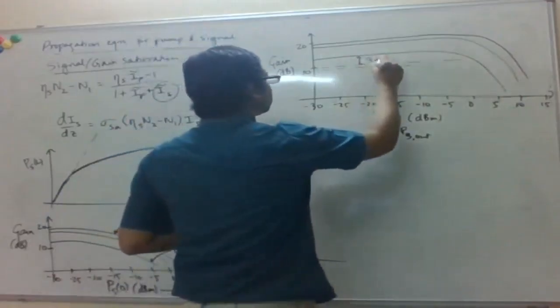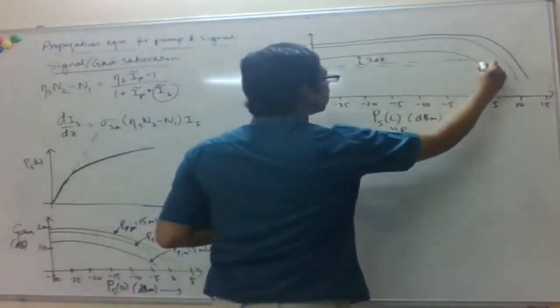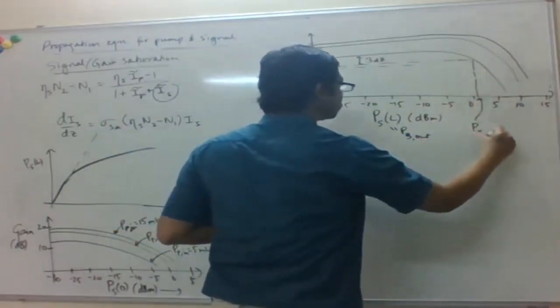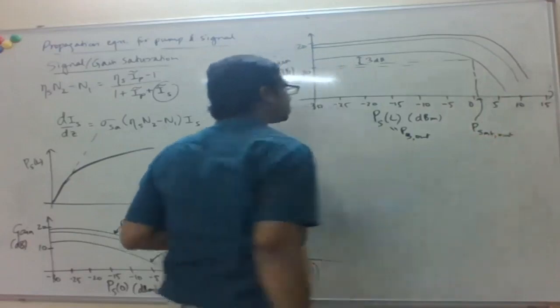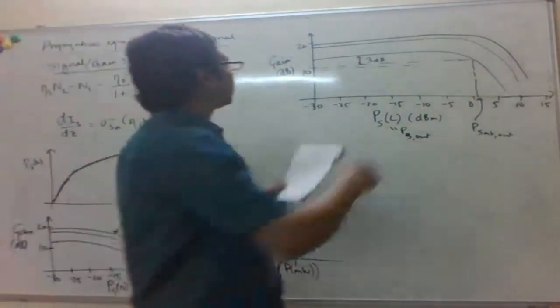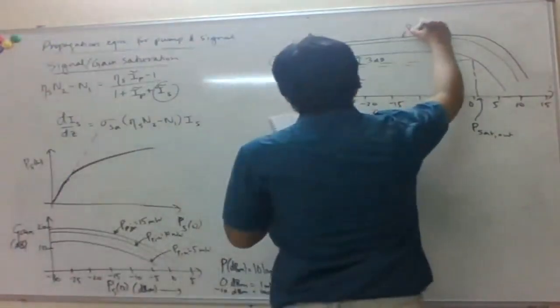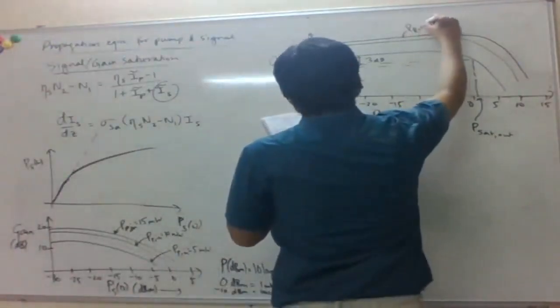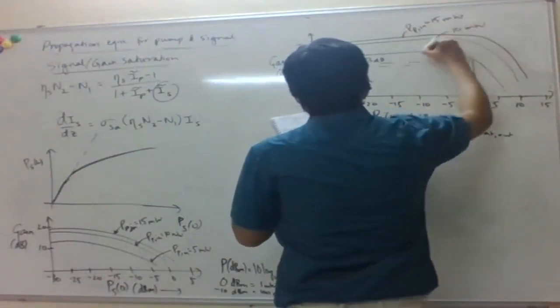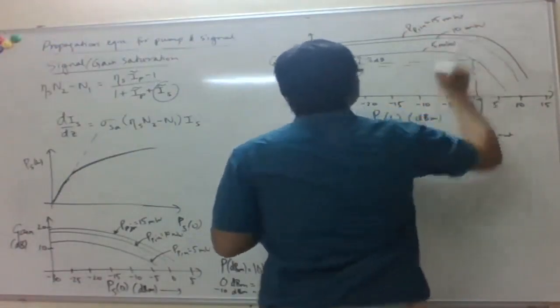So where the gain drops by 3 dB, this power here is known as the saturation power. These three curves are for the different pump powers: 15 milliwatt, 10 milliwatt, 5 milliwatt.